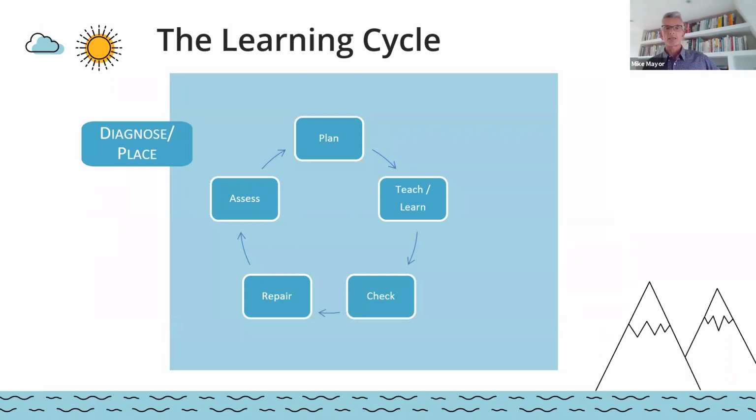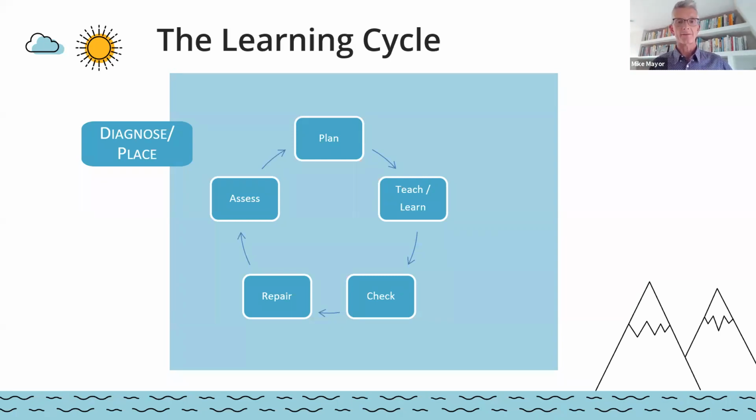So if we think about a typical learning cycle, we've placed our students, we've got those two groups, and then as a teacher, you're going to plan your lessons, your curriculum, you then teach it, hopefully students learn it, but as the truism goes, just because you teach doesn't mean they learn. So you're constantly having to check.